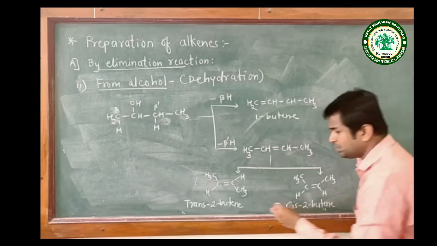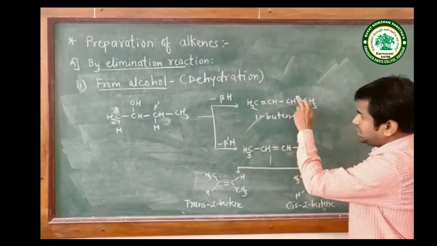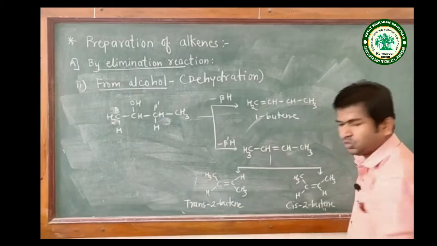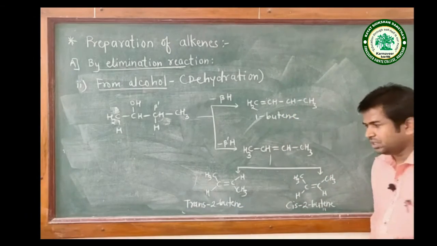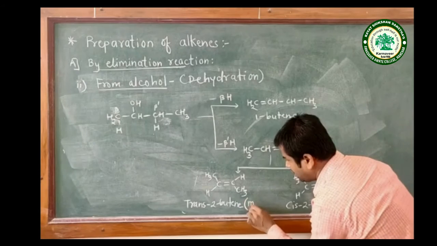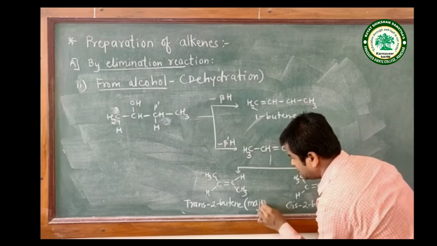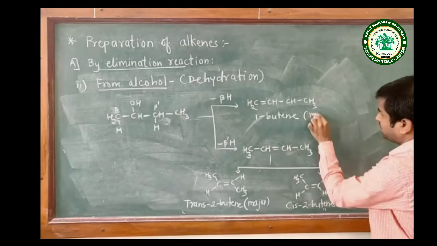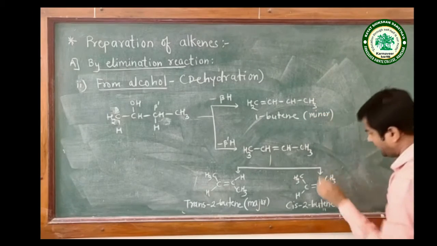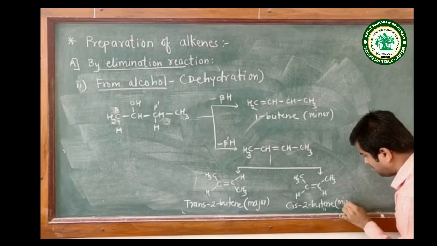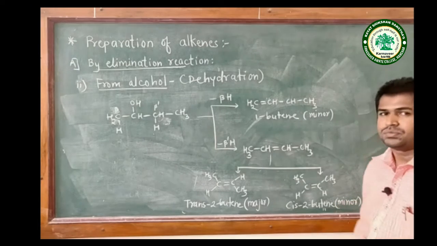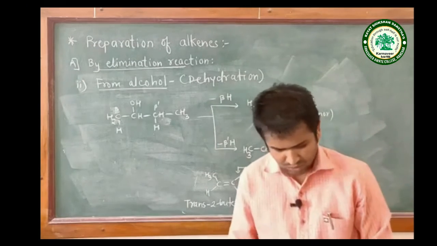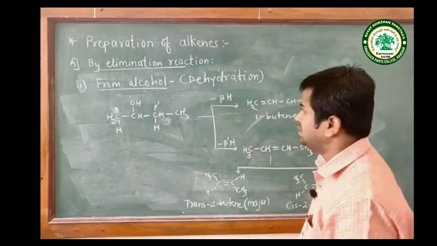Among these three, 1-butene, trans-2-butene and cis-2-butene, trans-2-butene is formed as the major product, while the remaining two are formed as minor products. Getting this? Okay. Another example we can see.